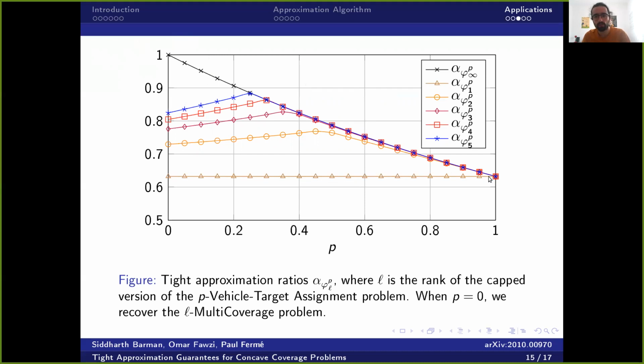So the non-capped version was already shown on this vertical line, which is just the L multi-coverage, and this one is just the standard maximum coverage. But all of these coefficients in between are new approximation ratios coming from our results.